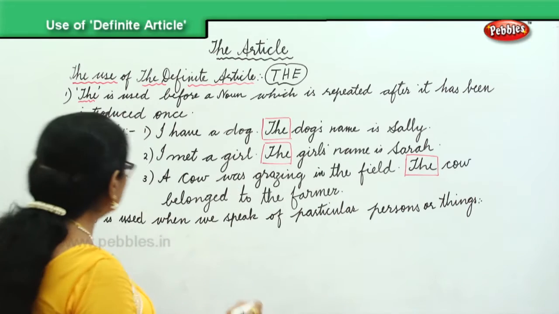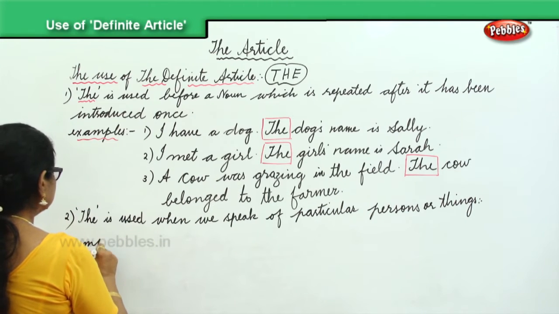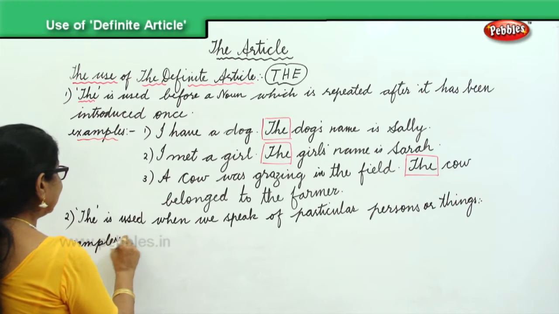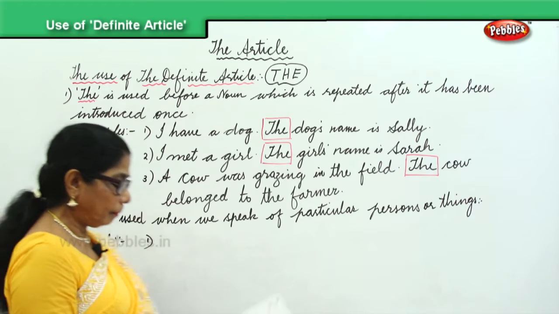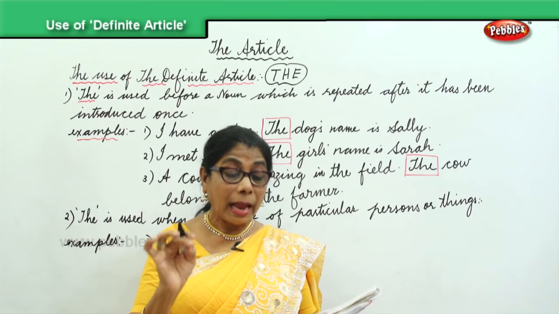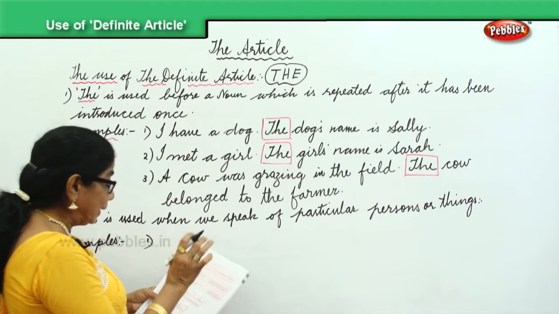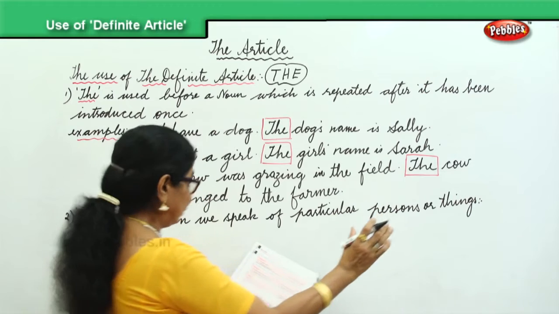Okay, let's look at the examples. One: the girls you mentioned are absent today. We are speaking about particular persons or things.